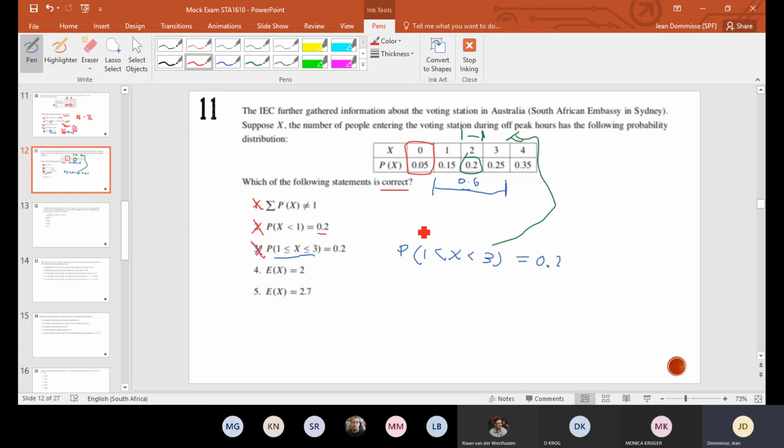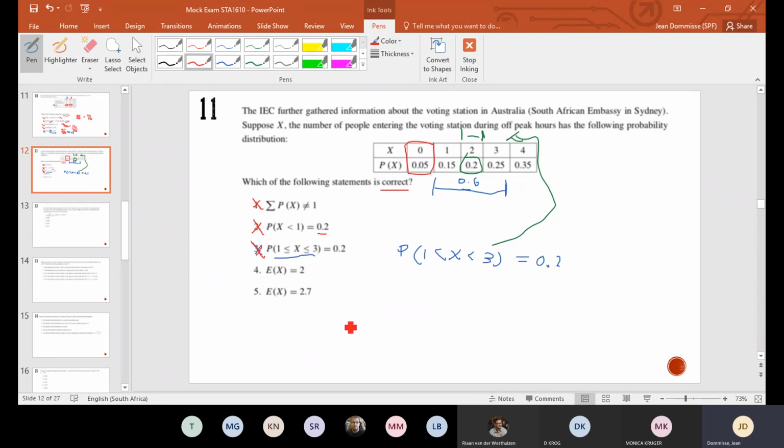Okay, and for this, unfortunately, you need to make the calculation. To work out the mean, you take the x, multiply by the probability, you add, then the next one multiply, next one multiply, next one multiply.